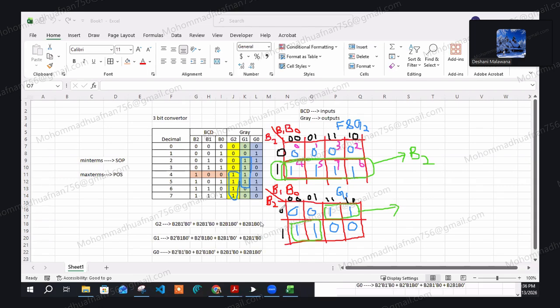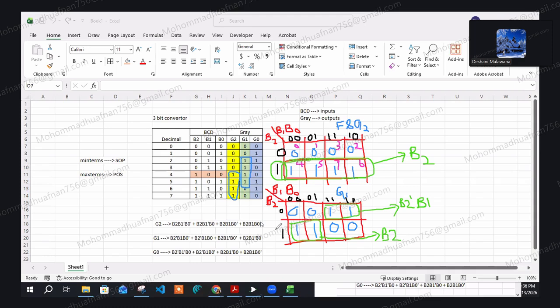In these two, B2 dash is common, right? And B1 is common. So B2 dash, B1 is common. Then what about this one? This one again, B2 is common.